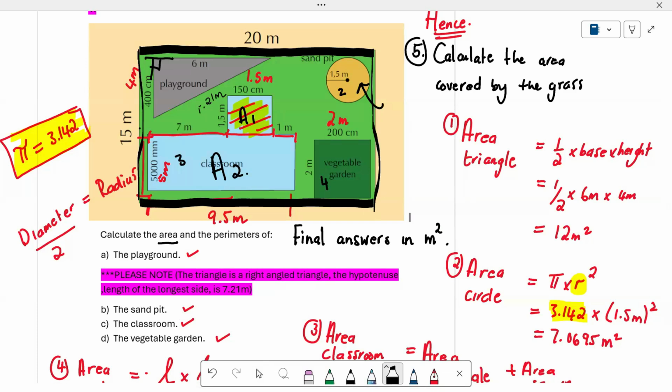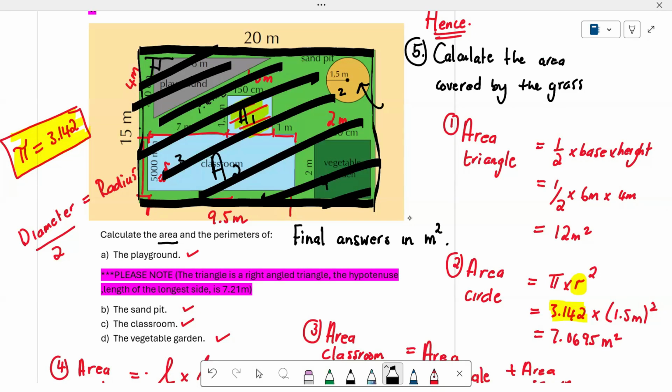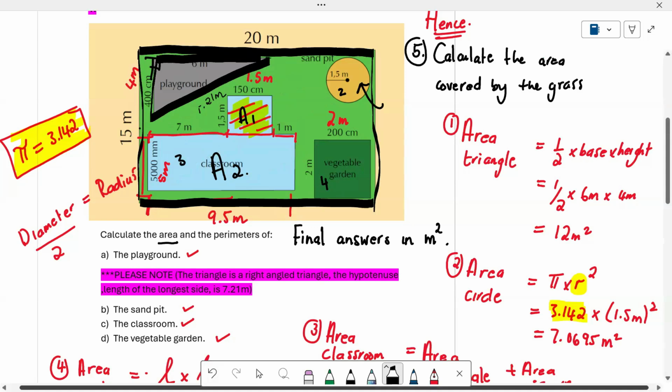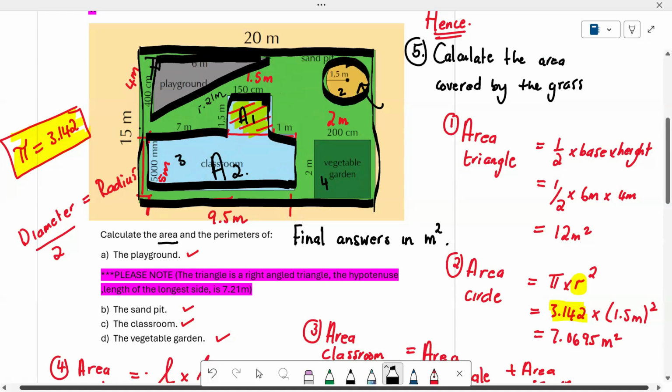Then after calculating that area, Faith, I will minus the playground, because the grass is not there. Then I'm going to minus the area of the classroom, because the grass is not covering the classroom. Then I'm going to minus the sandpit, because the grass is not there on that space taken up by the sandpit. Then I'm going to minus the vegetable garden, because the grass is not there. Does it make sense what I'm saying?